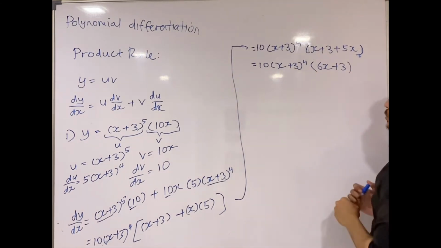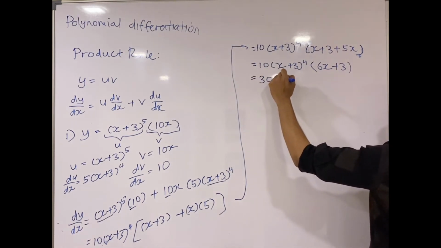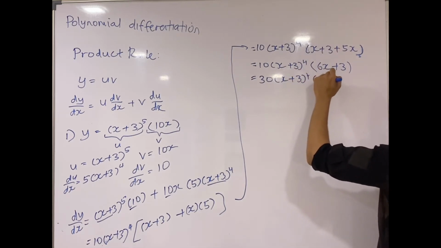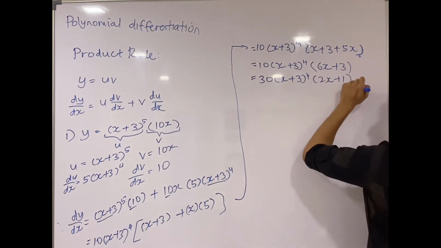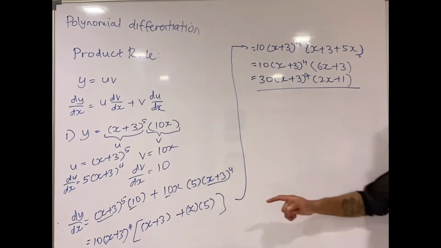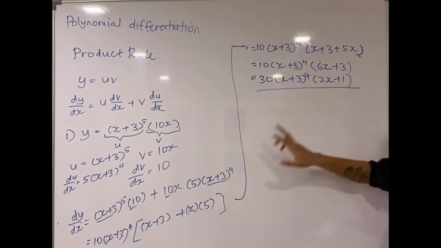That is not 2, it's 3, so it's going to be 30. This is your final answer. Okay, so do you see how easy it is? From that, when you simplify, it gets easier. It looks much neater here compared to this, correct?